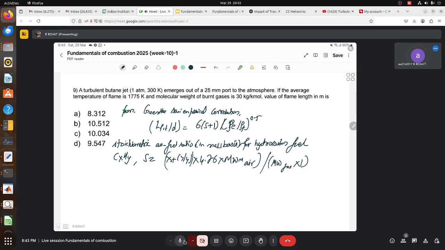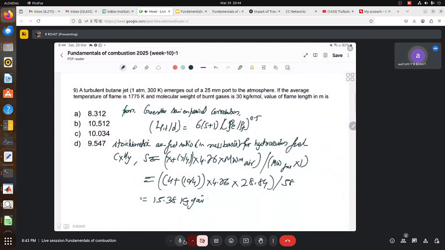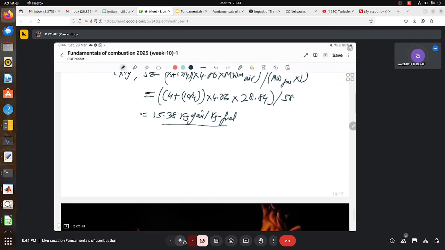If you substitute, you get (4 plus 10 by 4) times 4.76 times 28.84 divided by 58. This comes close to 15.38 kilogram of air per kilogram of fuel.